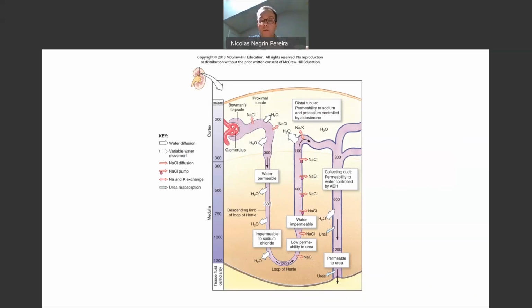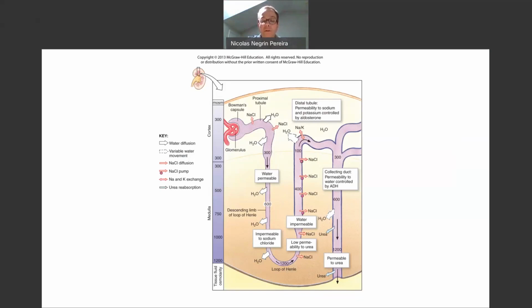And this water that is being drawn passively, thanks to this gradient of ions, will be taken away through the blood circulation. Now, as we reach the bend of the loop of Henle, we see a maximum concentration of 1200 milliosmoles.